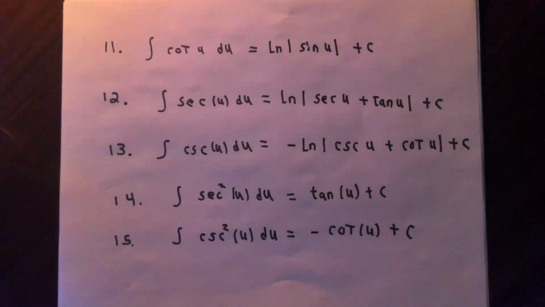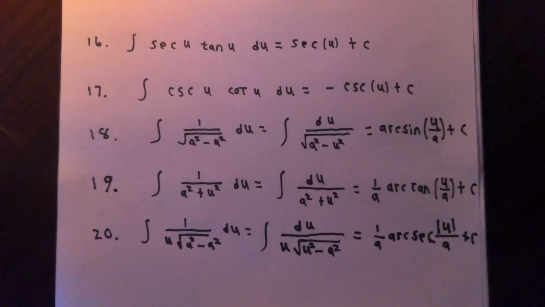In a less familiar way, we know antiderivatives for the cotangent, the secant, the cosecant function. We know antiderivatives for secant squared and cosecant squared. And lastly, we know the integral of secant u tangent u du, cosecant u cotangent u du.